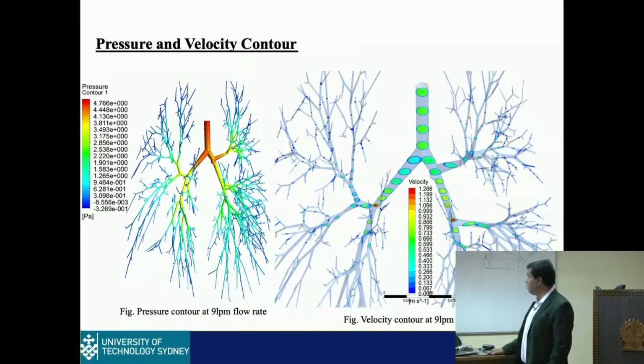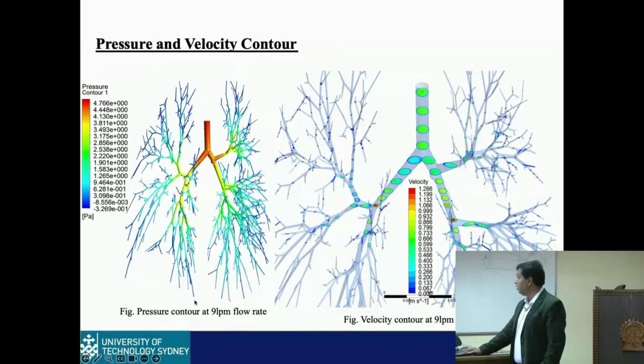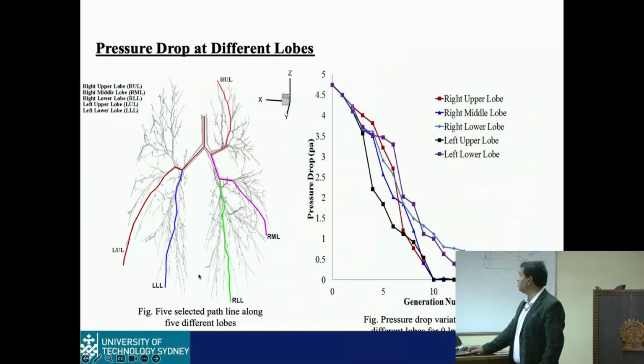And here we did some pressure and velocity contours. You can see how the pressure is distributed. Pressure is also very important here because there is a lot of pressure drop. Starting from here, see how much the pressure is dropping. For drug delivery, we need to understand this pressure drop.